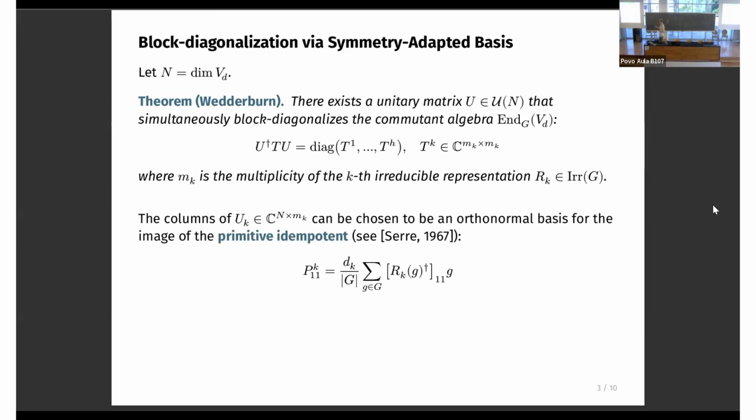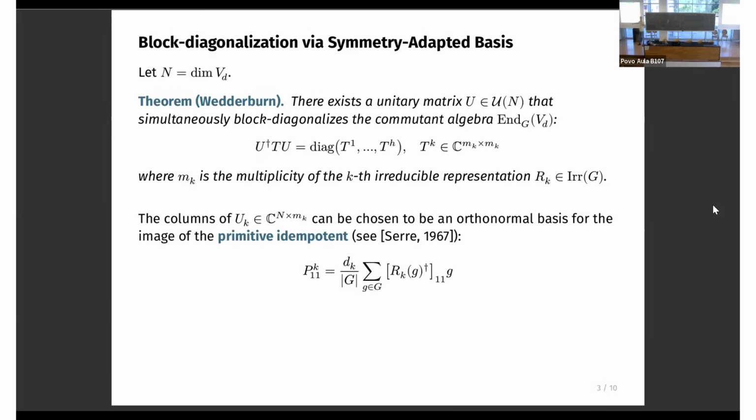And then we also know exactly how to find this. This is very old. This is written very nicely in Serre's book on linear representation theory, where you need to find these primitive idempotents, which are sums over the whole group, where G is a matrix group, so this is just a unitary matrix.